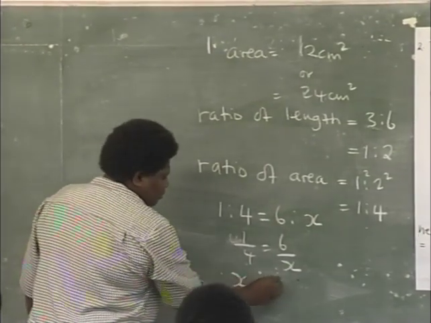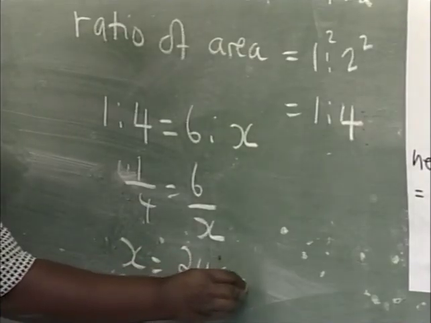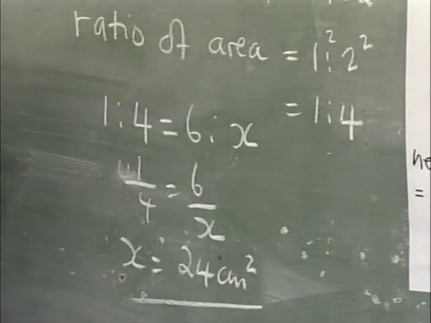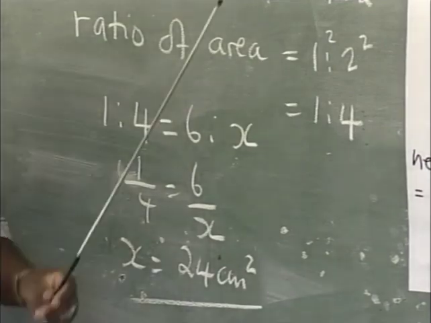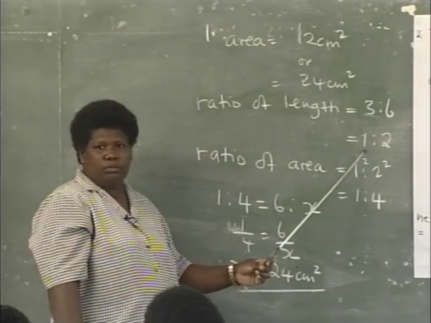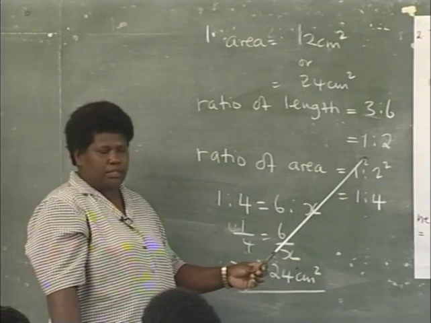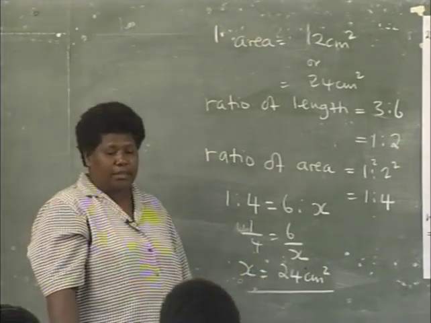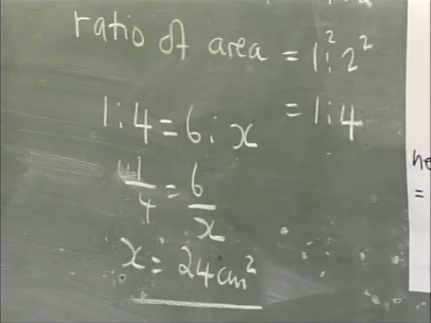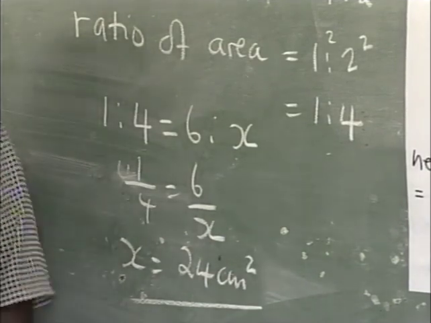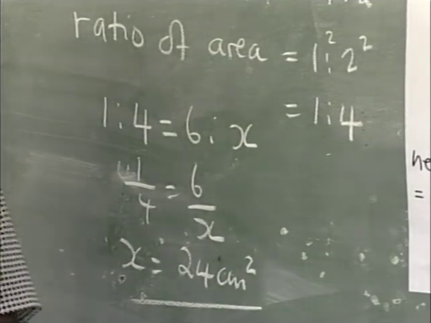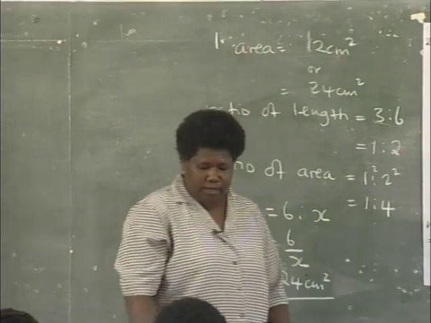So x is equal to 24 square centimeters. So the answer is not 12. Those of you who have 12, that's because you used 1:2, which is wrong because that's the ratio of their lengths, not the ratio of their areas. You're supposed to square the ratio of their lengths to find the ratio of their areas. So the answer is actually 24. All right, do number 2.